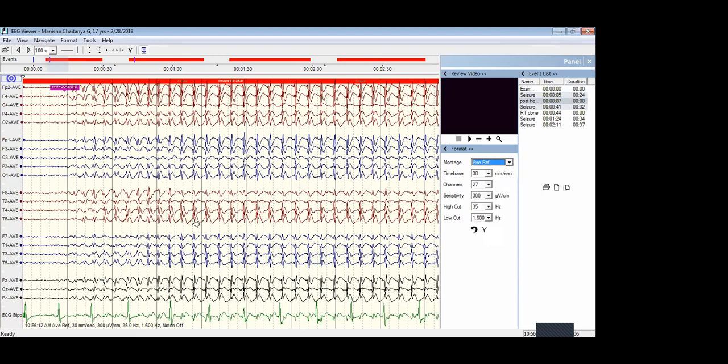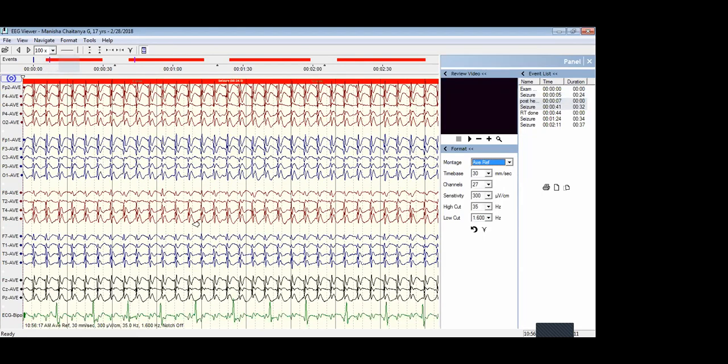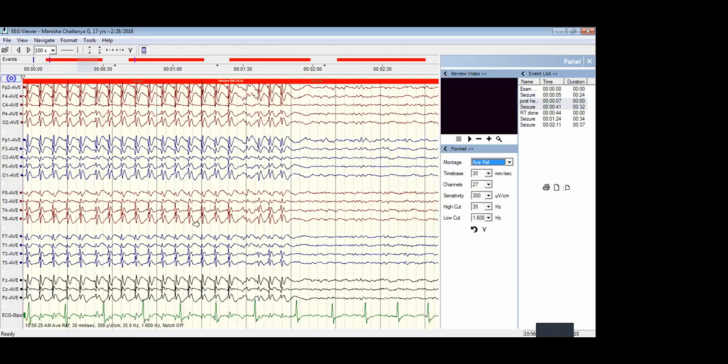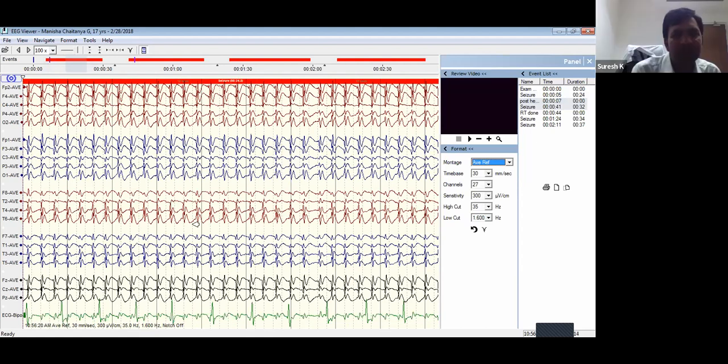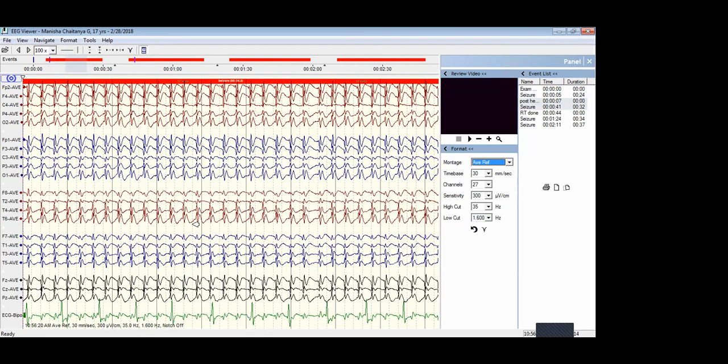Sir, it is lasting throughout the epoch, more than 10 seconds, and the frequency is also slightly higher, reaching up to 4 hertz. Okay, 3 to 4 hertz frequency, generalized spike and wave discharges seen throughout the epoch for more than 10 seconds.